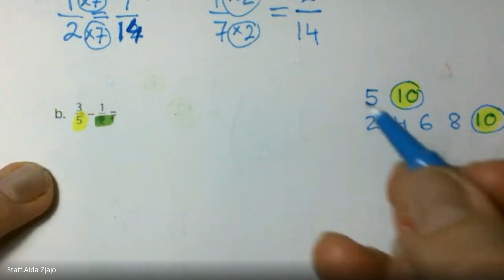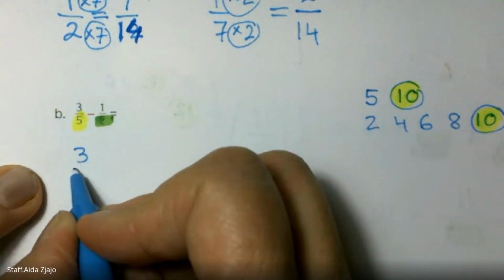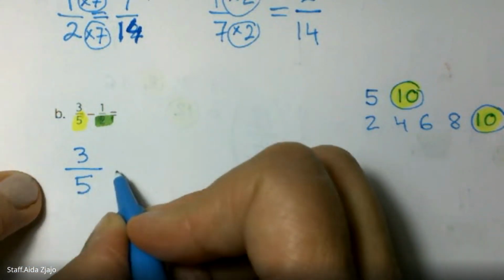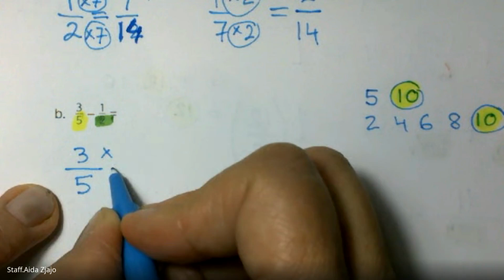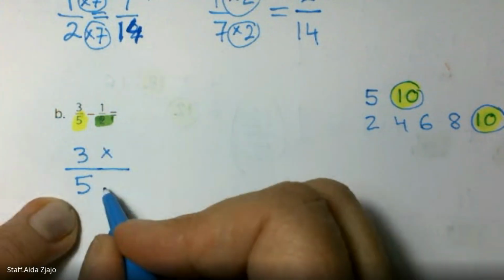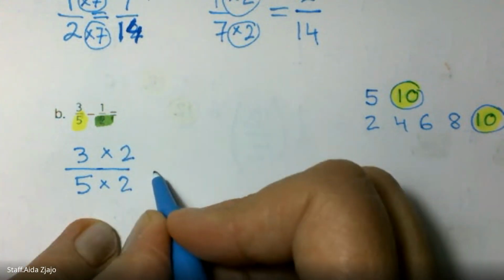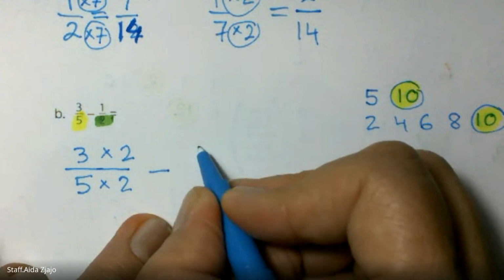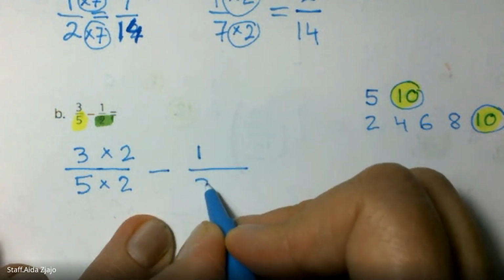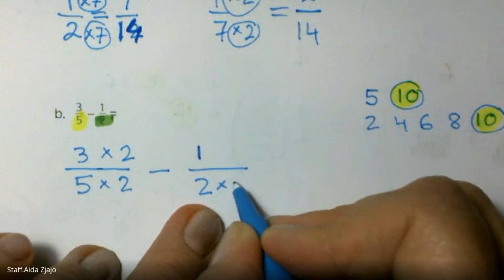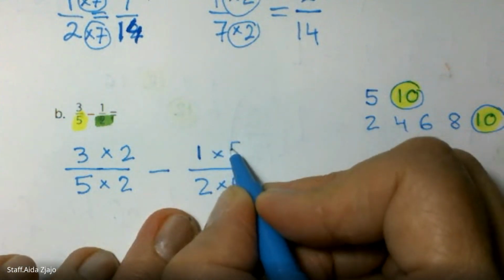So how can we do that? We can do 3/5 times 2 over 2, minus 1/2, also times 5 over 5.